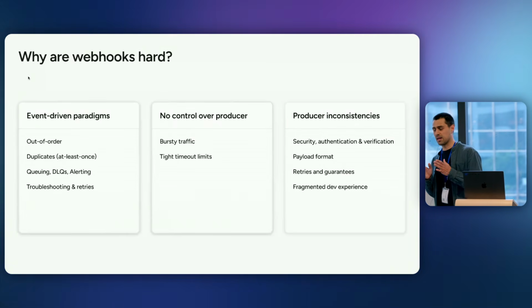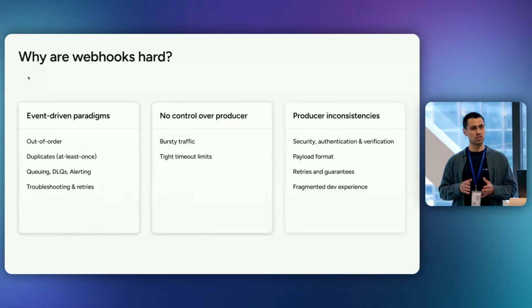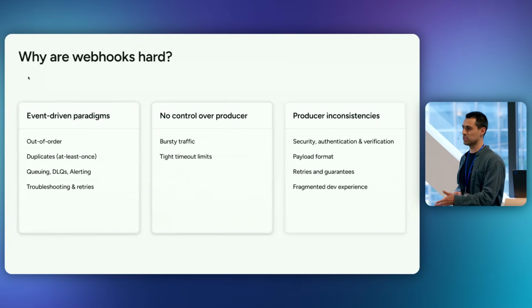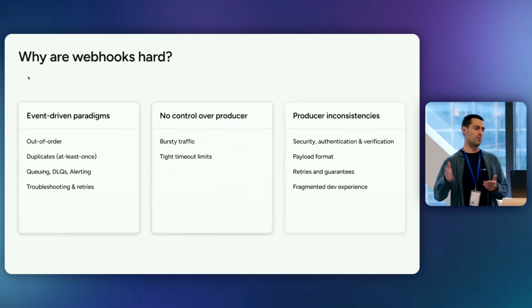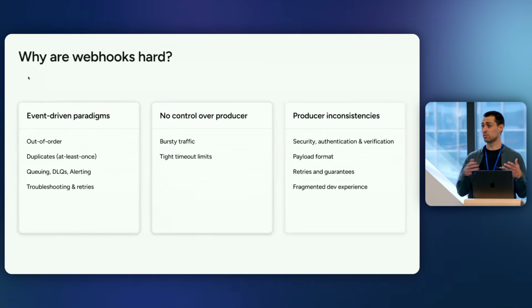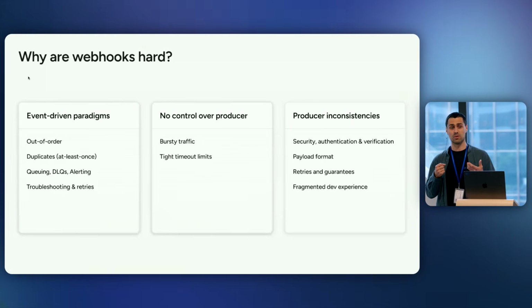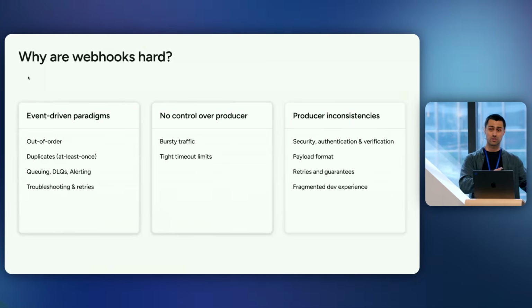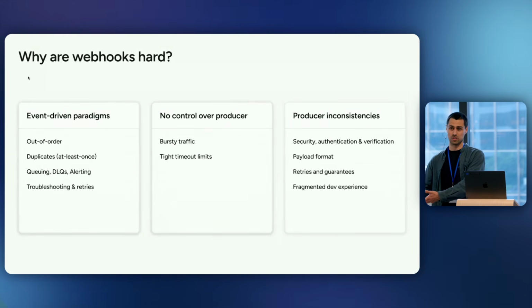Then there's a fundamental difference with normal event-driven systems, because you don't control the publisher. Usually when you work with a message bus, whatever you've worked with, like Redis or RabbitMQ or SQS or PubSub, you control the publisher. You run a service that publishes to those, and you get control over how many we're publishing, what the scale of those services is, and so on. And you also control the downstream consumers, right?